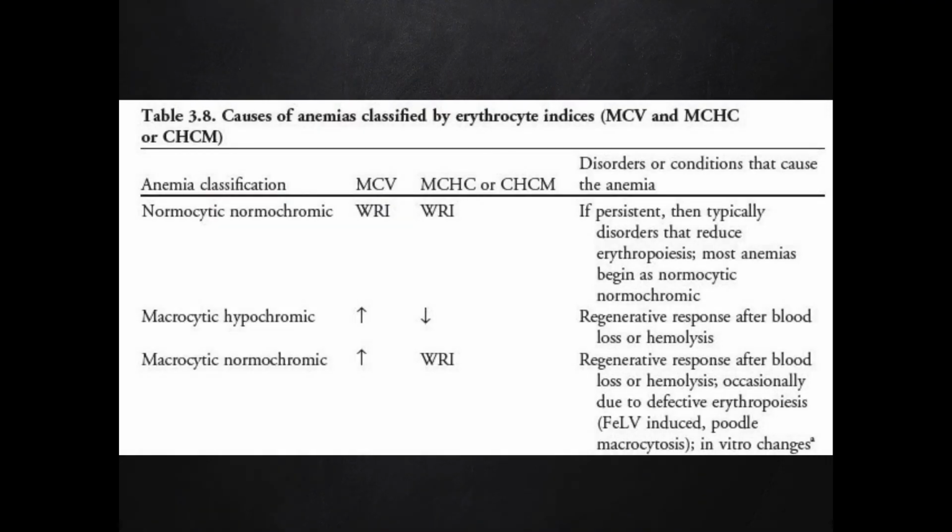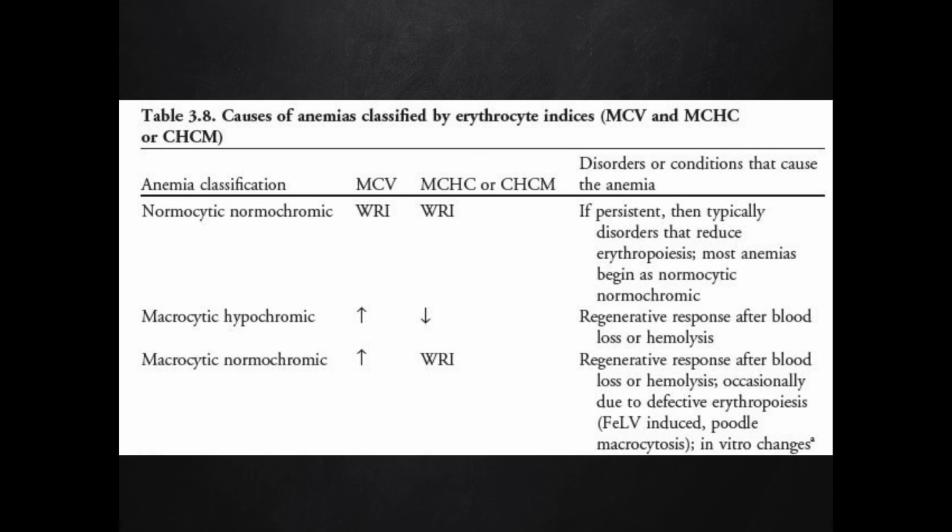This table shows the causes of anemia classified by erythrocyte indices, MCV and MCHC. In normocytic, normochromic, the MCV is WRI, meaning within the reference interval, so the MCV is normal. Normochromic means the MCHC is normal.